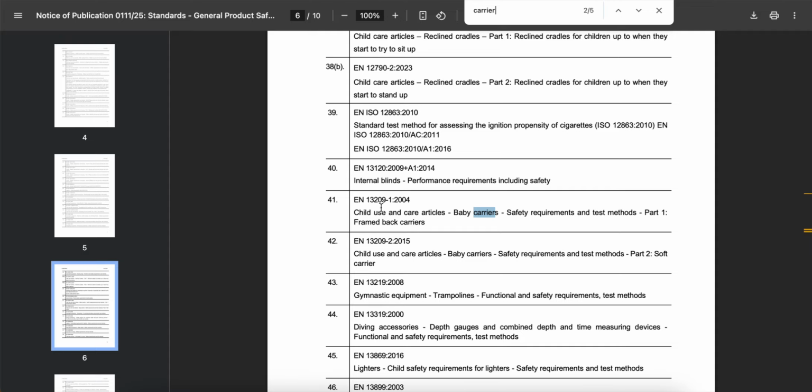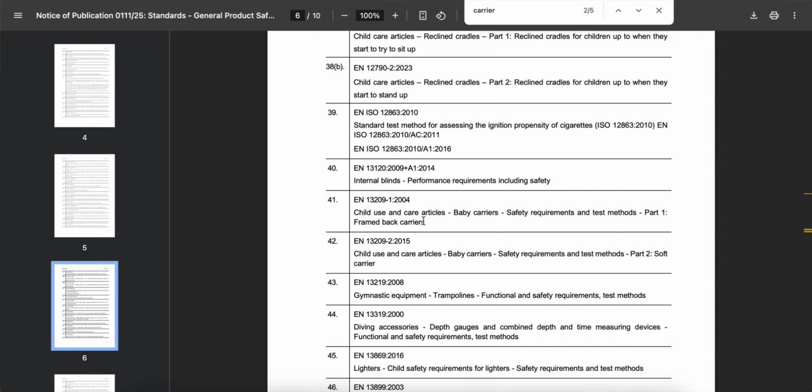Number 41, we have EN 13209 from 2004, and this standard seemingly applies to baby carriers, specifically framed back carriers. So if that's what I'm selling, my job is done, at least to the extent that I've identified a product standard. And of course, there's a lot more to it. I have to buy the standard. I have to make sure that the different technical aspects of it are implemented into my design drawings and so on. But at the very least, I know where to begin.